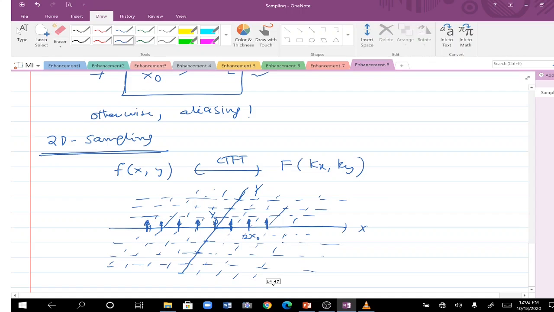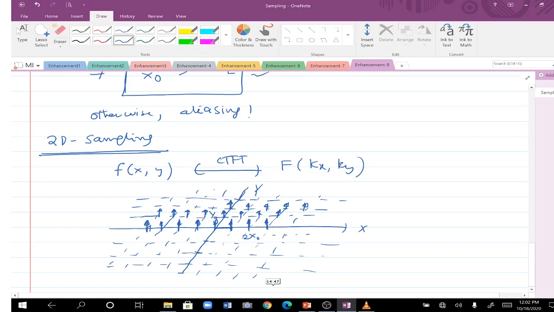Similarly, for y equal to y naught, you are going to do similar stuff here. So you have an impulse train at all these points. And of course for 2 y naught, and then vary all values of x, right?